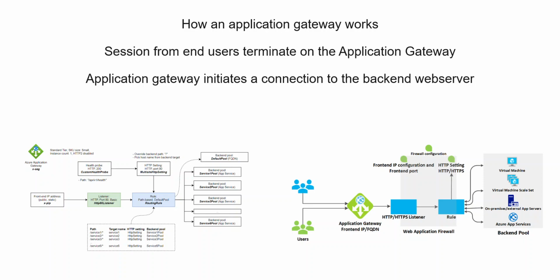Azure Application Gateway can be used as an internal application load balancer or an internet-facing application load balancer. The internet-facing one uses a public IP address, and it will resolve the public IP address.